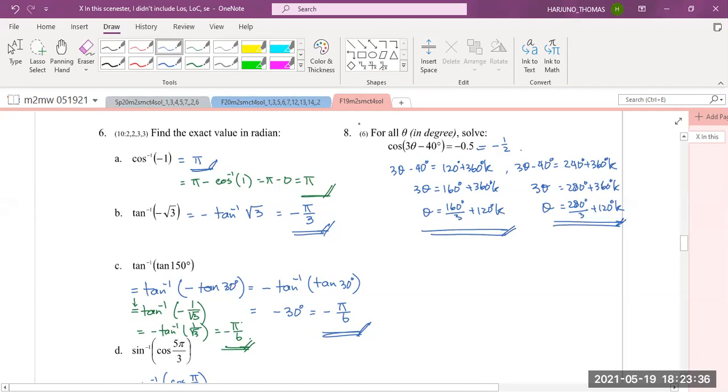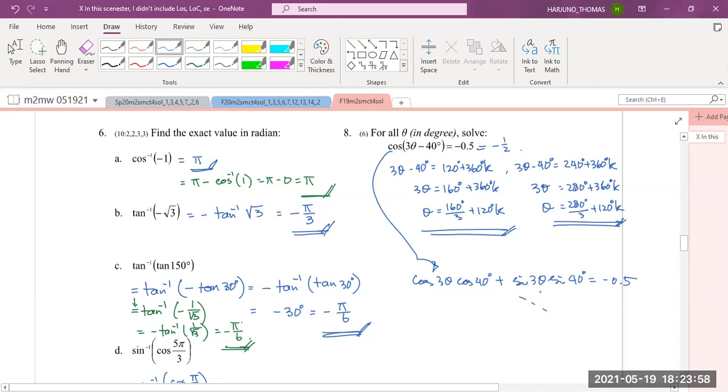Now, I have seen people try to mess it up so badly, they make it into cosine 3 theta cosine 40 degrees plus sine 3 theta sine 40 degrees equals negative 0.5. You go nowhere if you do this.